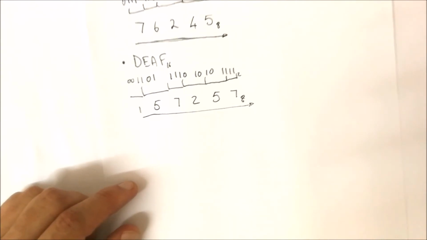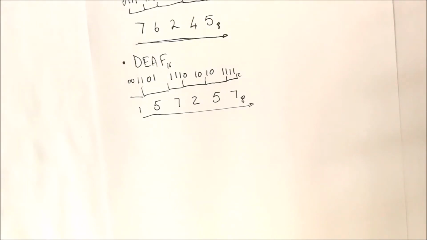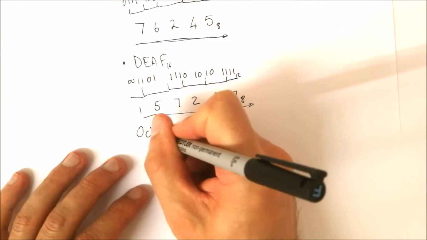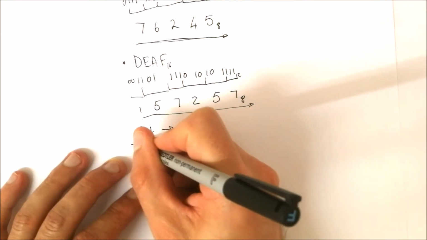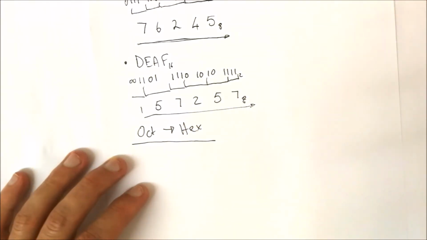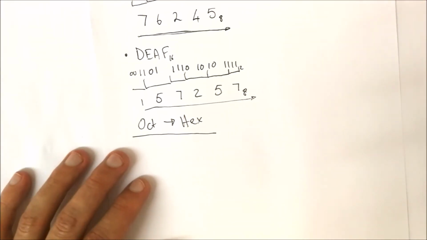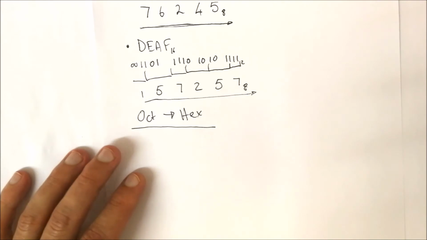Let's have a look at an example where we're going to convert from an octal number to hexadecimal. You can probably see over here the steps that we're going to take with this. It's going to be pretty much the same.